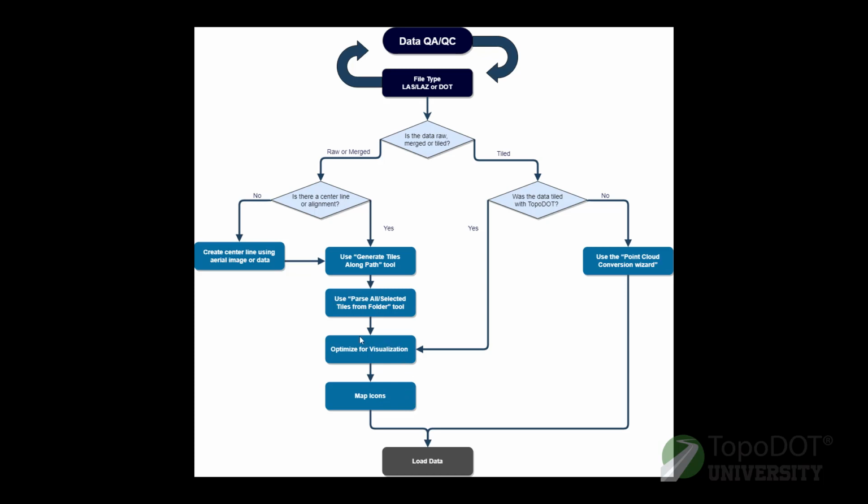The only part that we'll miss here is this optimization, because I will want to have the original data files to do the quality check. After we do the quality check, we'll go through the optimization. This image is available in your class material and on TopoDOT University.